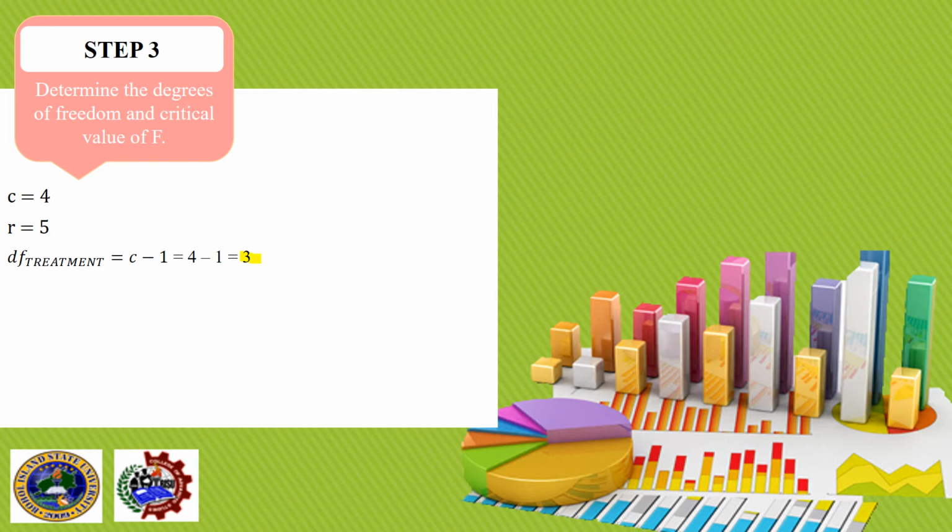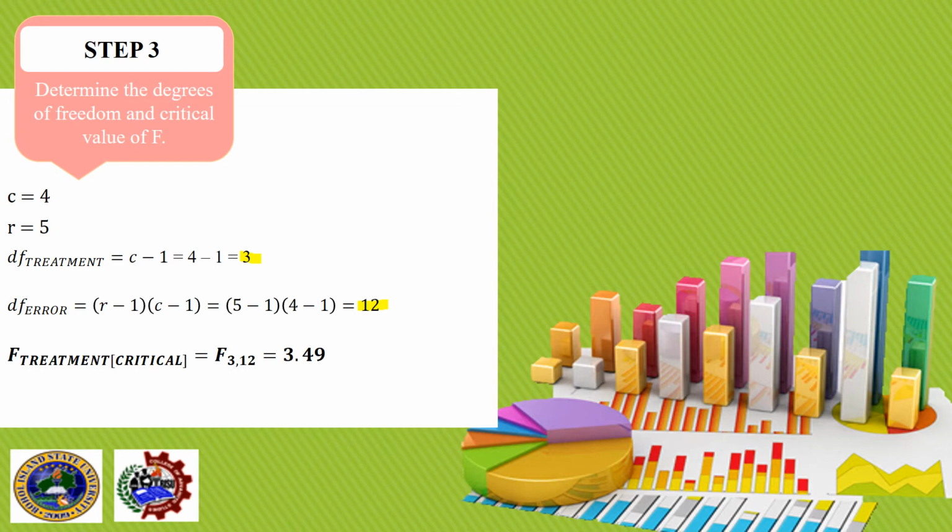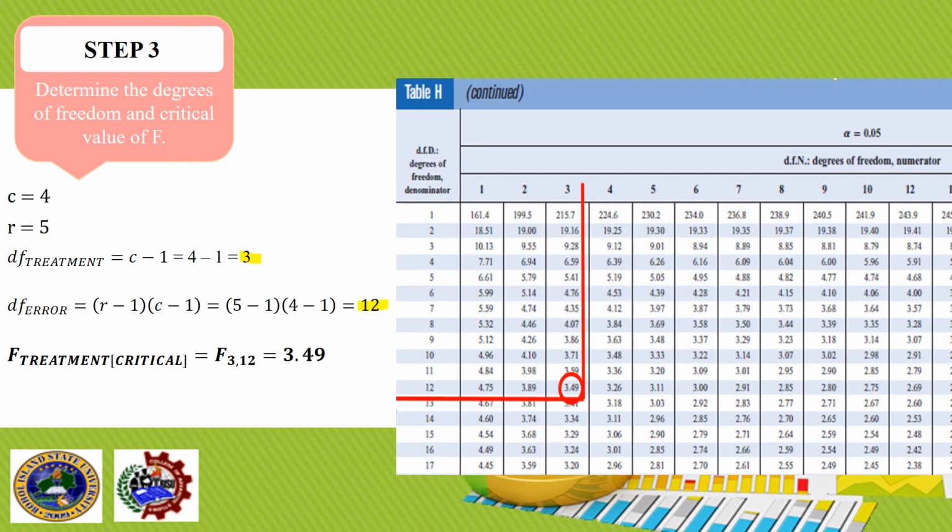Next, the degrees of freedom for error using the formula (r minus 1) times (c minus 1) is equal to 5 minus 1 times 4 minus 1, which equals 12. Since we already have the degrees of freedom for treatment and for error, we can now locate the critical value for treatment using the table where our alpha is equal to 0.05.